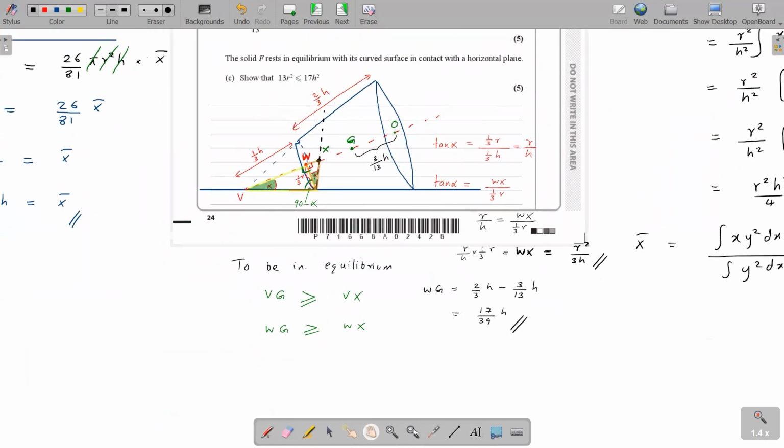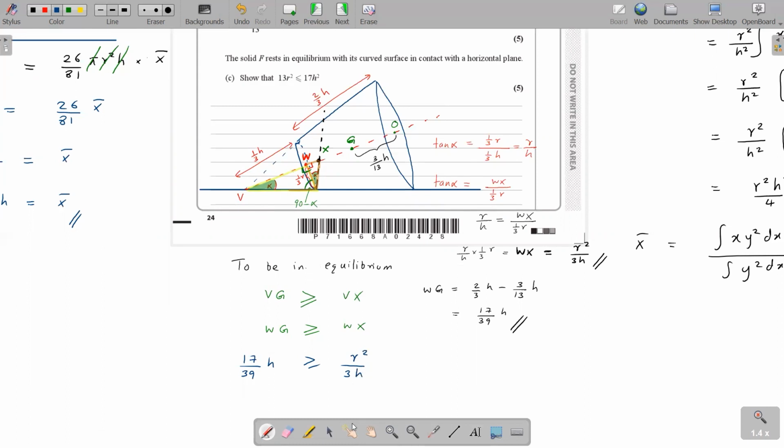Now it's time to apply it into this. We don't need to go with VG and VX because otherwise you have to add 1 over 3h to both of them again. That's not necessary, right? So WG is 17 over 39h. Do you agree? Is greater than or equal. WX is r squared over 3h.